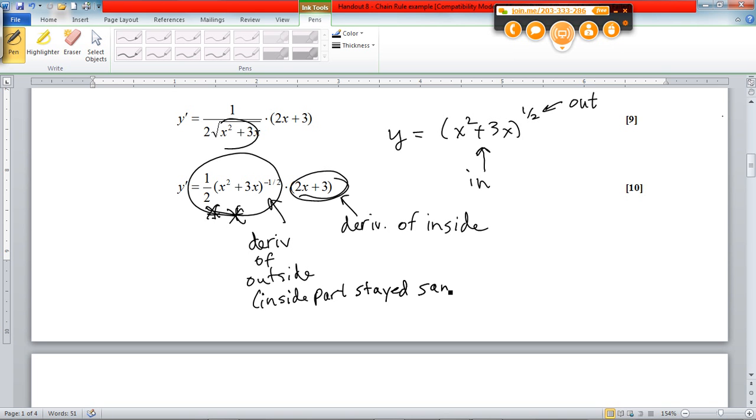This little process right here is called the chain rule. And you use the chain rule when you have these complicated things. When you have an inside part and an outside part, you've got a complicated function. When the inside part's derivative is not 1, you have to use what is called the chain rule.